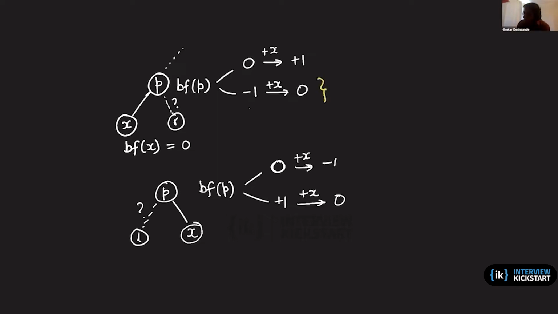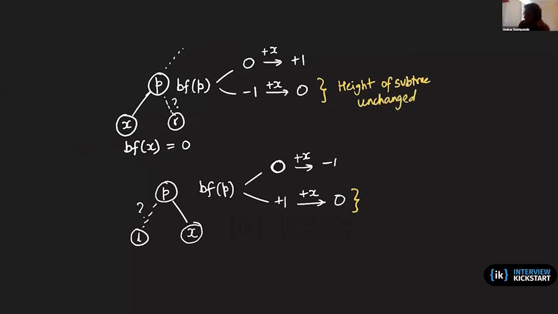Now, in these two cases where the balance factor has become 0, it was -1 or +1, but it's now 0. The height of the subtree rooted at the parent is unchanged.